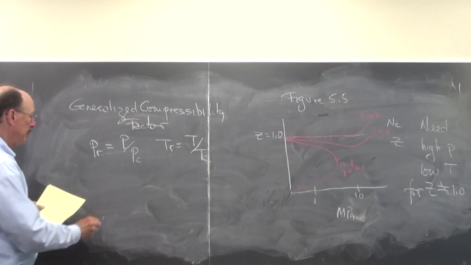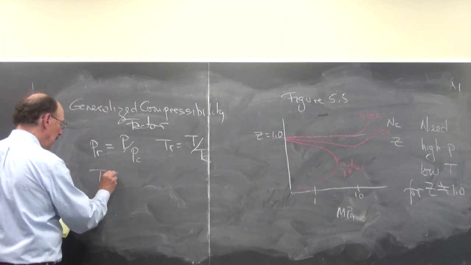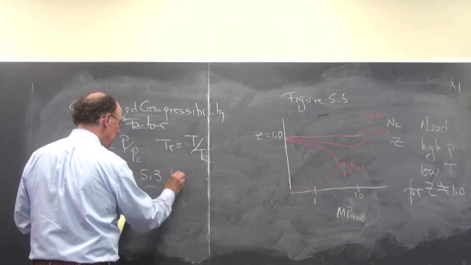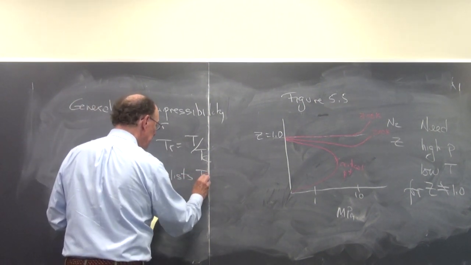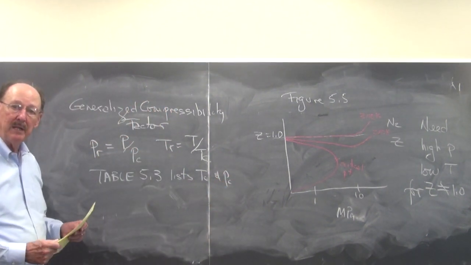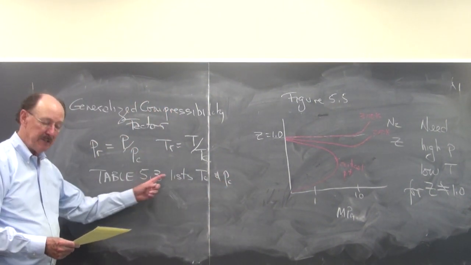Table 5.3 lists T sub C and P sub C. So if I go into table 5.3, I can find out what these values are.